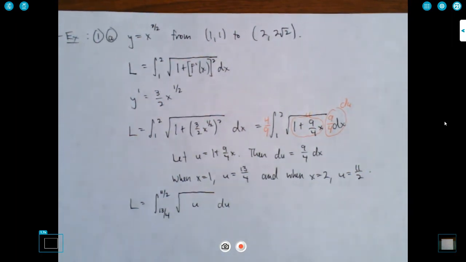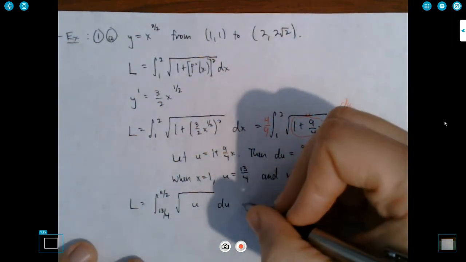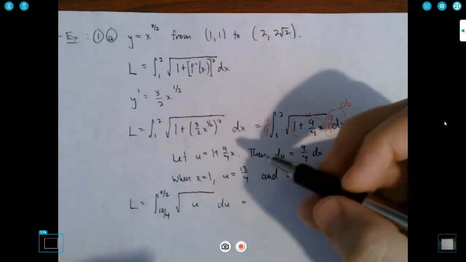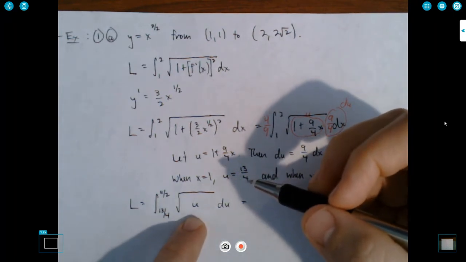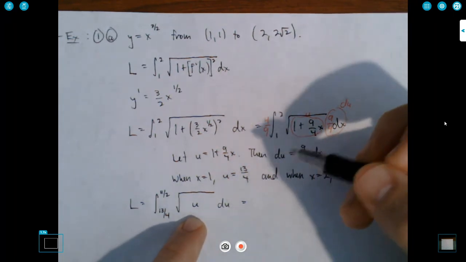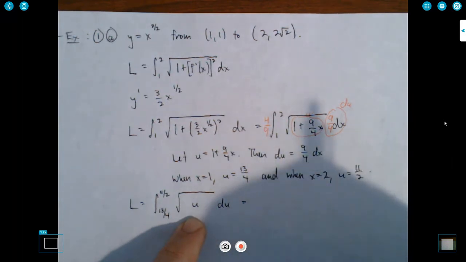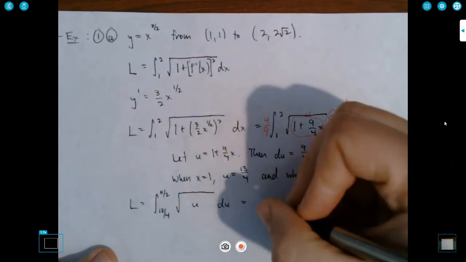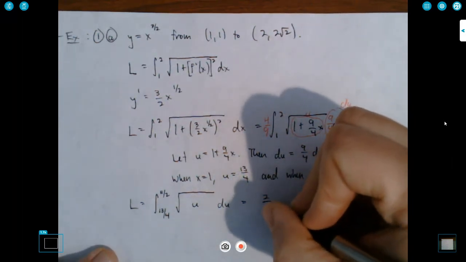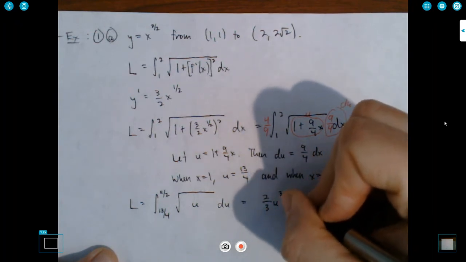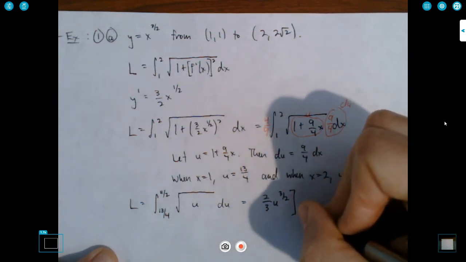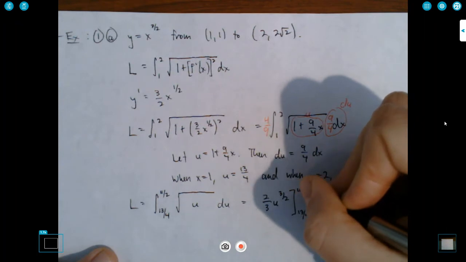Oh, that's easy. That was much easier than I was expecting. This is just u to the 1/2 power. So the integral is going to be u to the 3/2 divided by 3/2, or in other words, 2/3 times u to the 3/2. So this is 2/3 u to the 3/2 evaluated from 13/4 to 11/2.